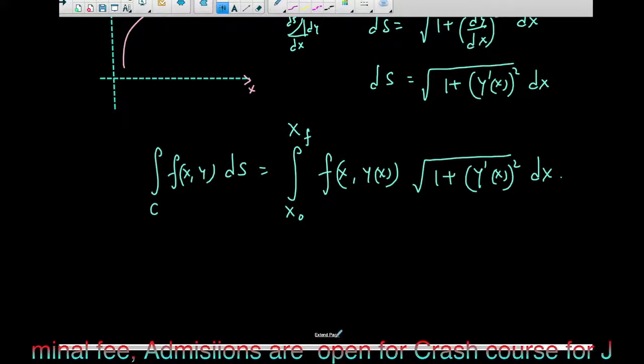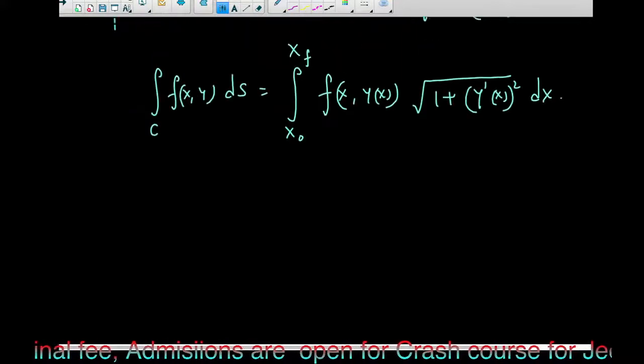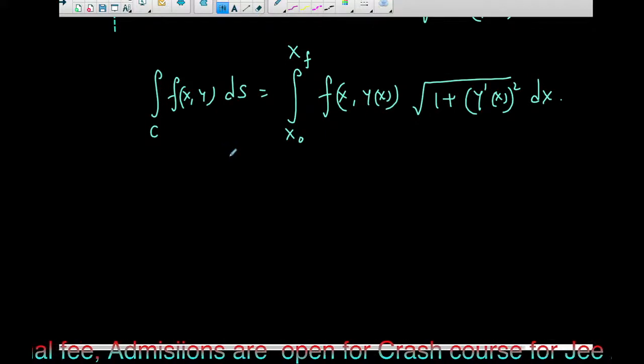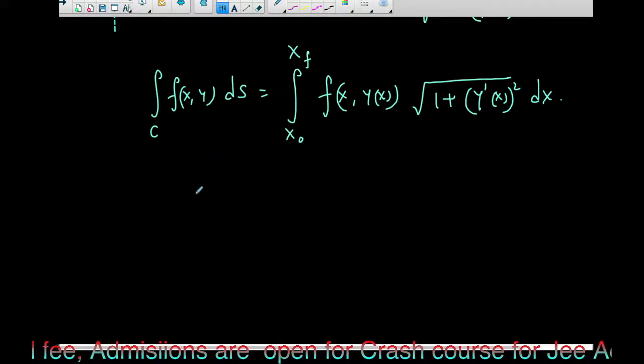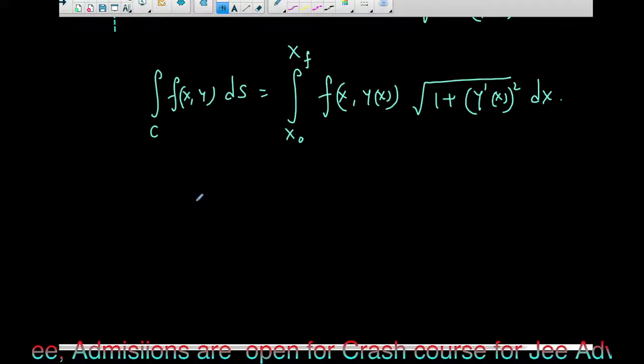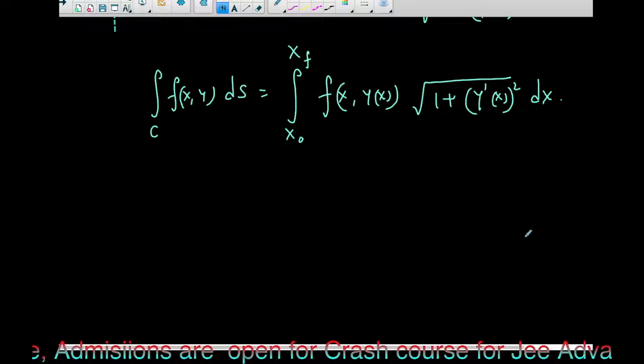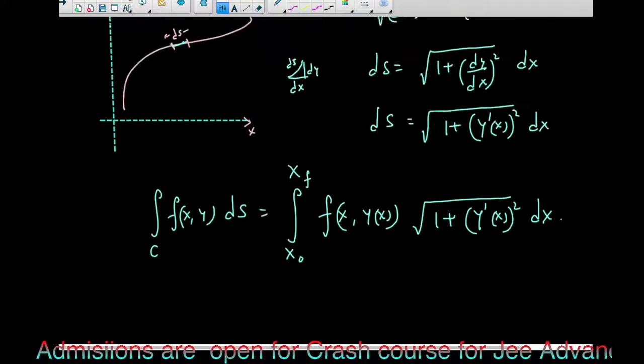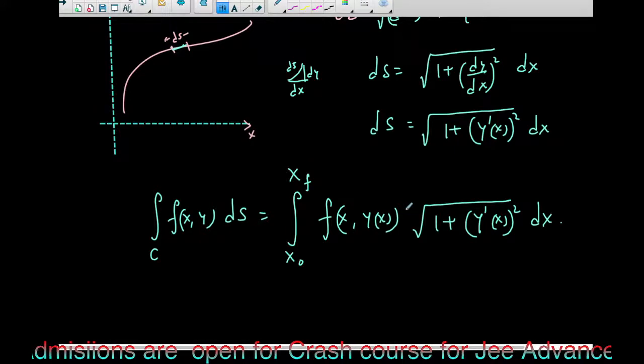Sometimes in the question they can give x and y in parametric terms, right? One more situation arises over here. When this is a one-dimensional function, y of x, then there is no issue, you can go this way.